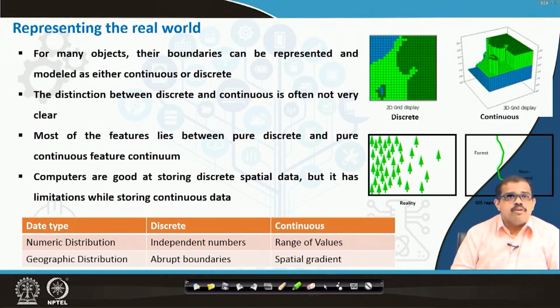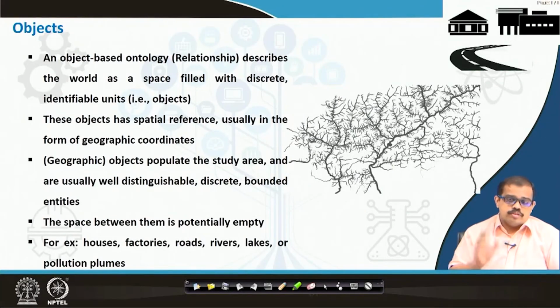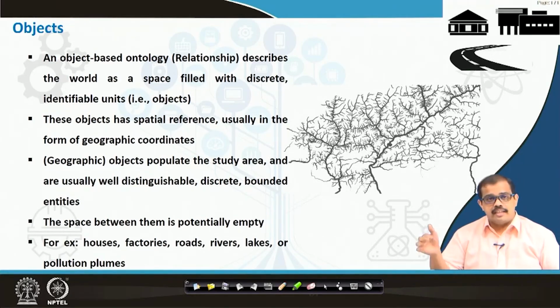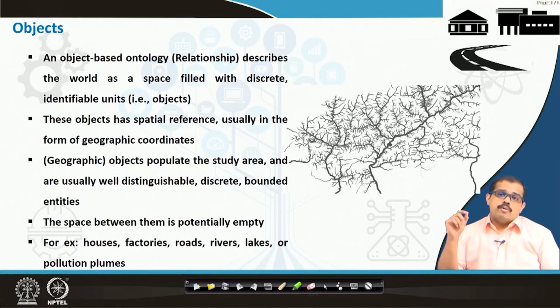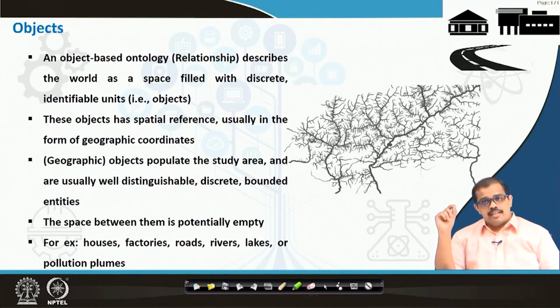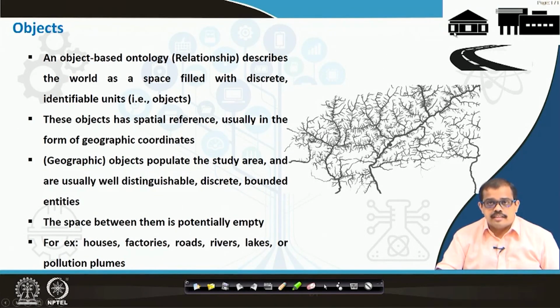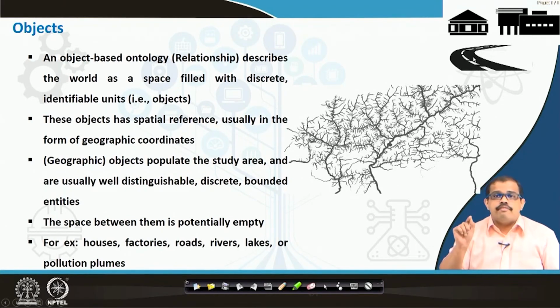Now when you look at discrete or continuous data, the first thing that we have to look at is objects. Objects are extremely important, equivalent to your entity relationships. An object based ontology describes the world as a space that is filled with discrete identifiable units. For example, in this image there are three different discrete objects, identifiable units.